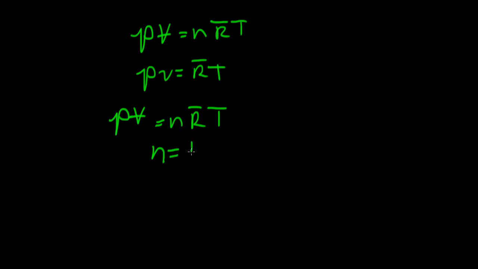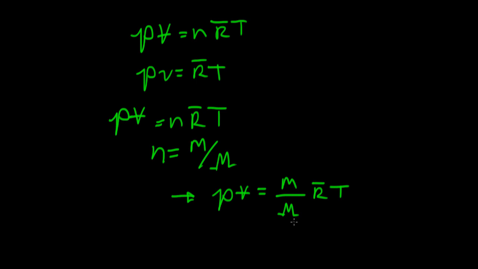The amount of substance is the mass divided by the molecular weight. This gives us that pressure times volume is equal to the mass divided by the molecular weight times the universal gas constant times the temperature.